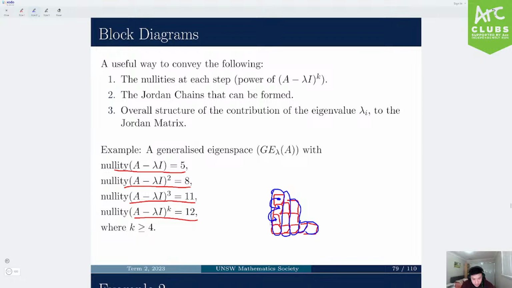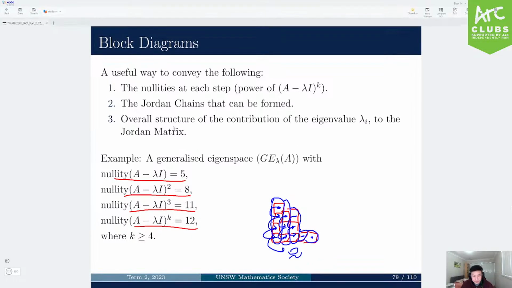Again, start with the vector in this block here and then chain your way downwards. And start with the vector here and chain downwards again. If you chain down from these base vectors, you should just get the zero vector. Okay, so chain down into the zero vector.